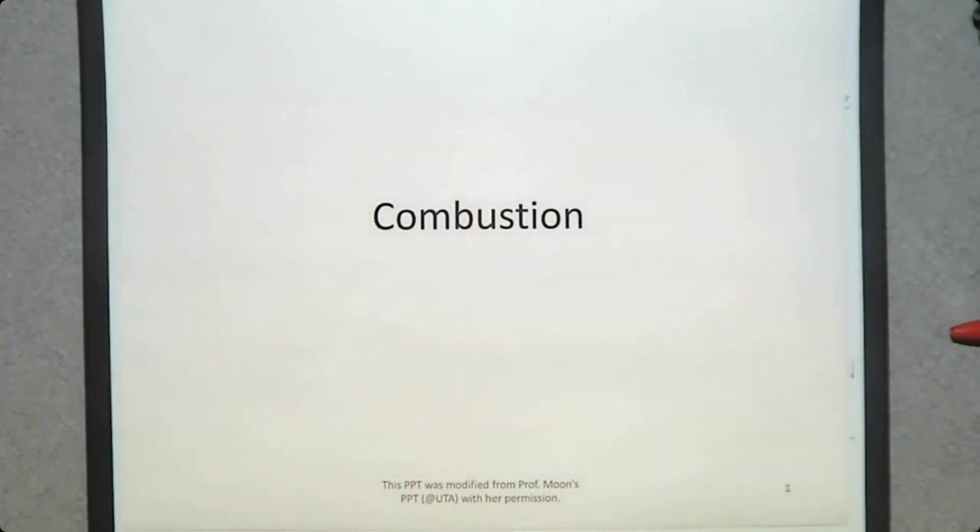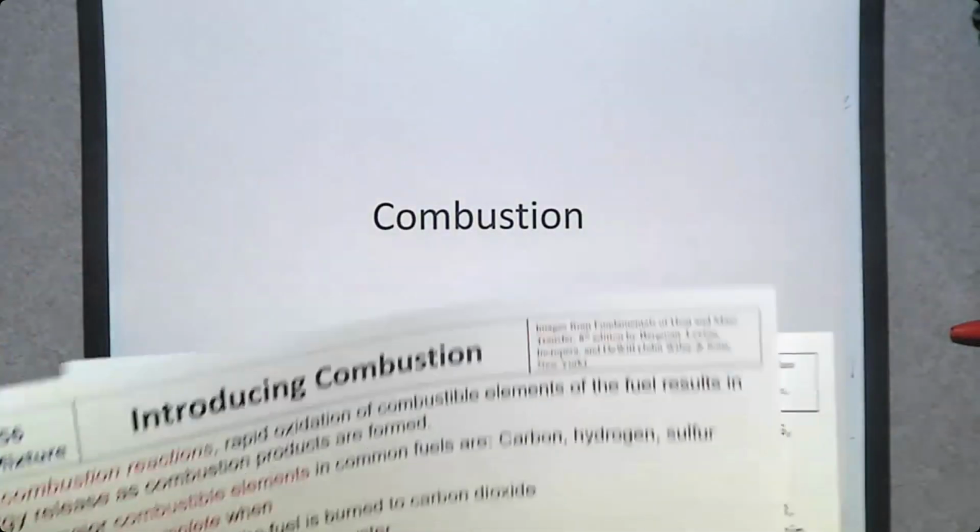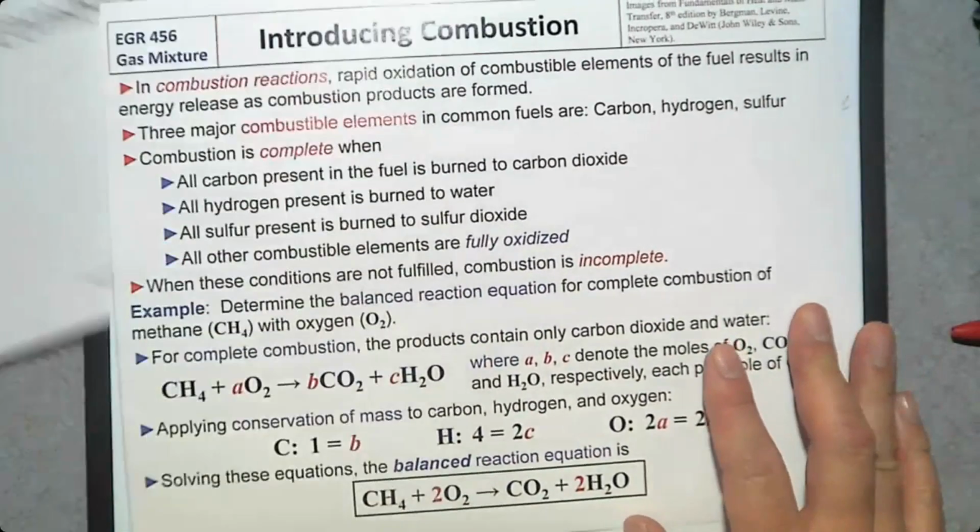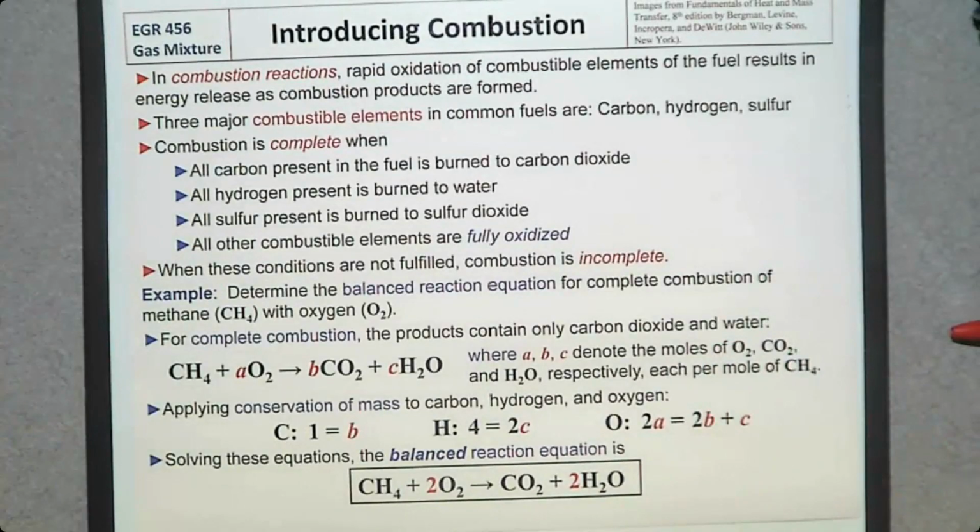And we are going to study the second part of this thermodynamics 2, combustion. So this is a rapid oxidation. That means that the carbon becomes carbon dioxide or carbon monoxide, and hydrogen becomes water, sulfur becomes sulfur oxide, etc. So when we say it's going to be fully oxidized, then we assume that it's a complete combustion.